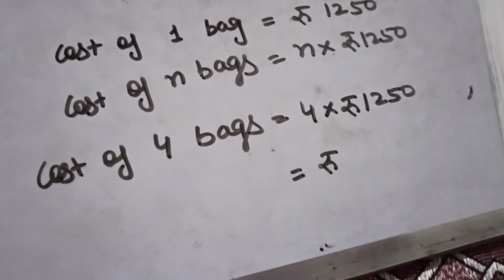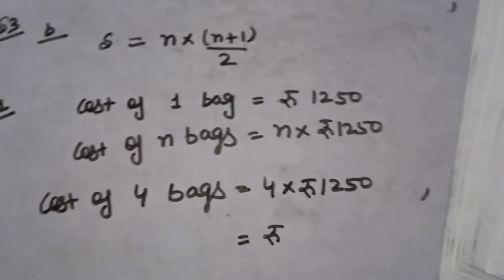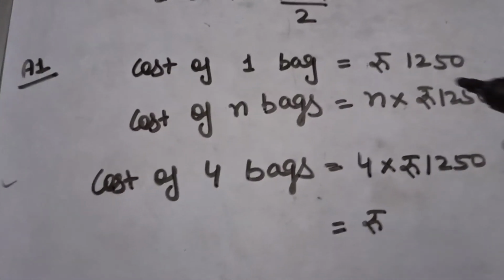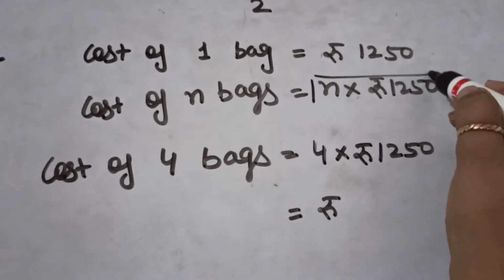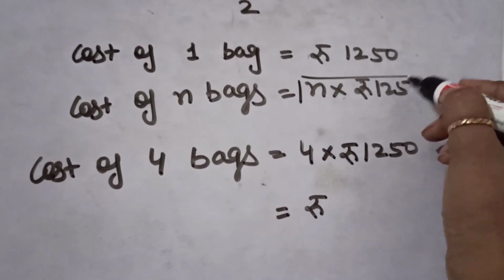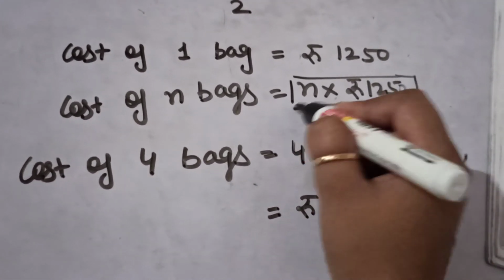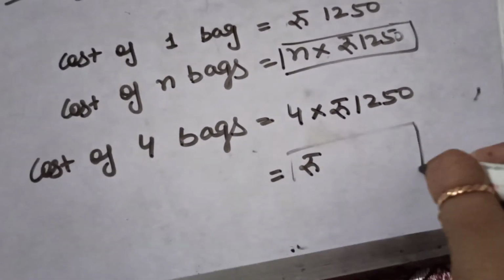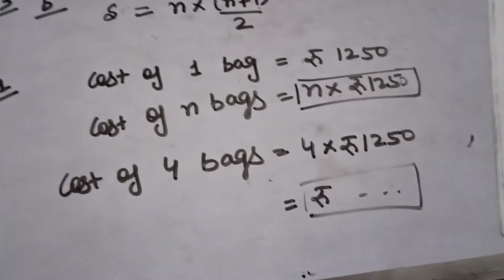Multiply and find the amount, which is the cost of 4 bags. So clear? So first one is the expression for n bags, this one, and the cost right here. Clear?